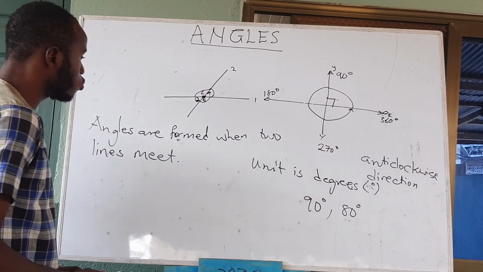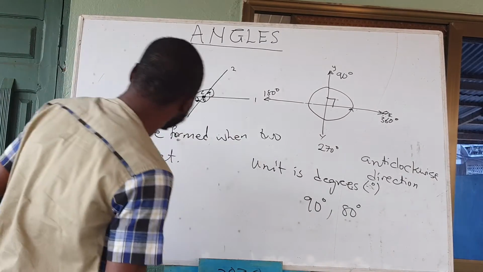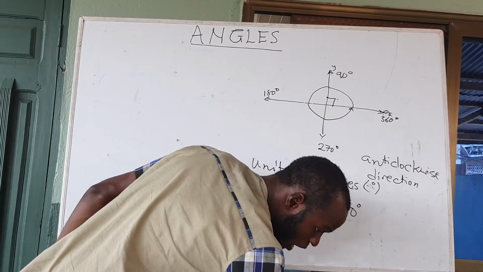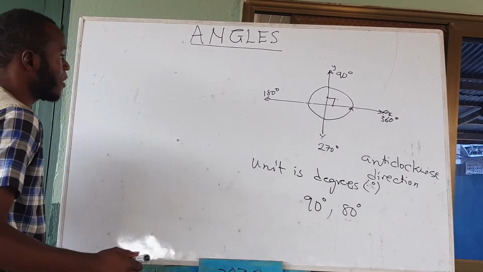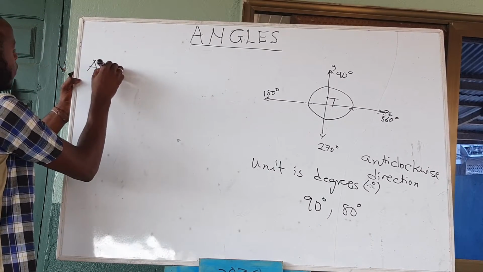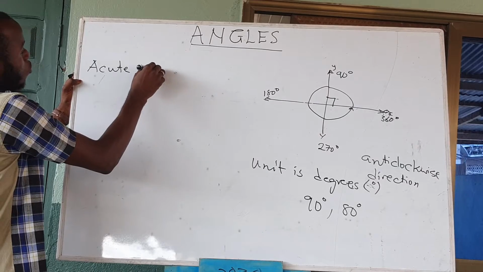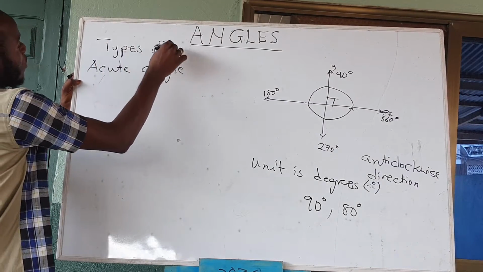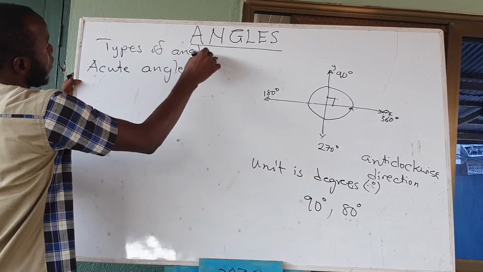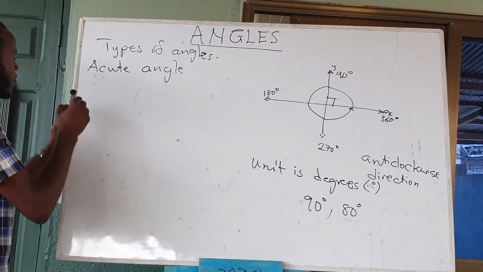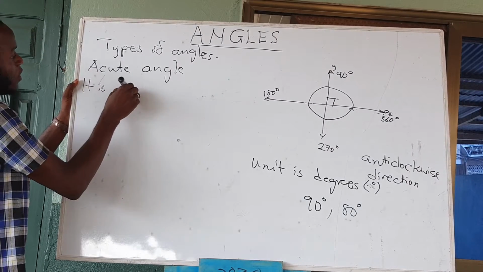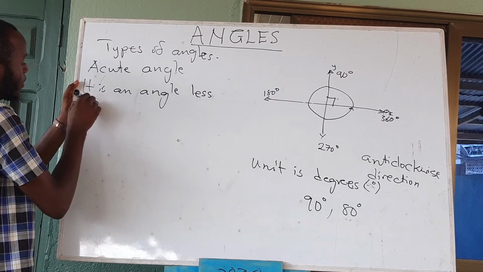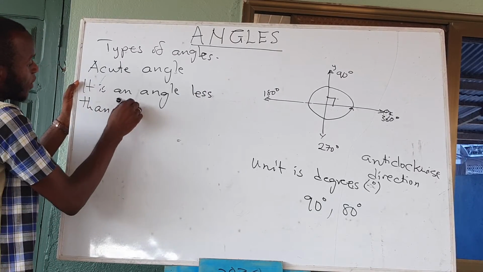Now we will go ahead and look at the types of angles that we have. The first type of angle that we'll be looking at is the acute angle. An acute angle is an angle less than 90 degrees.